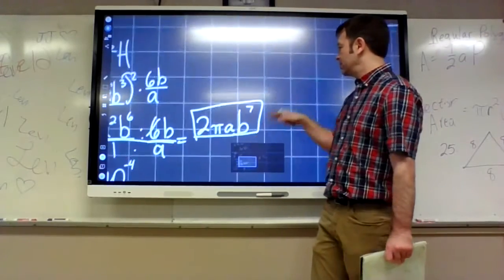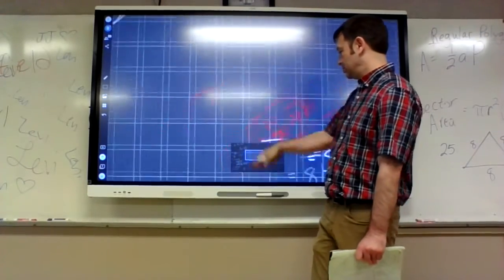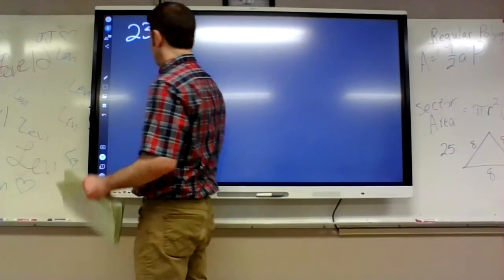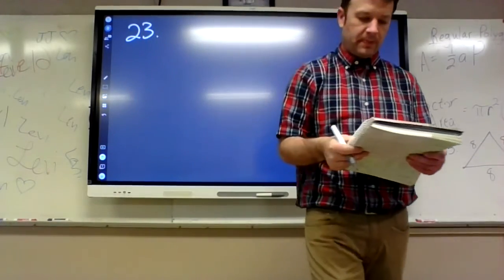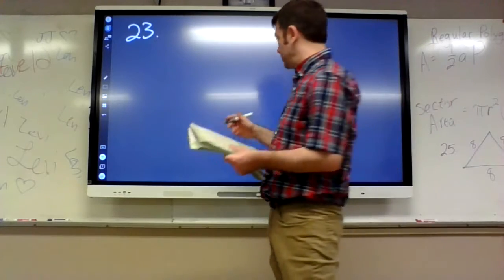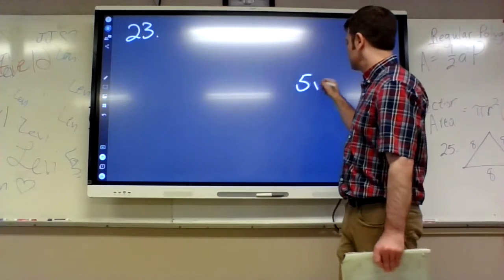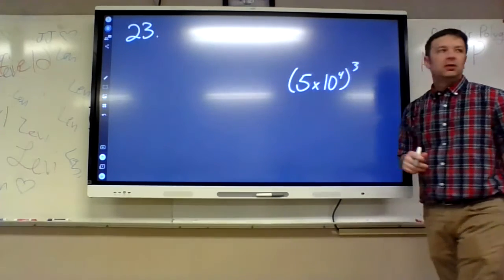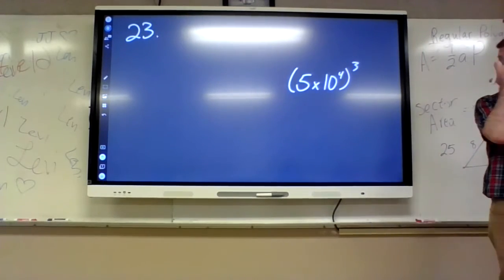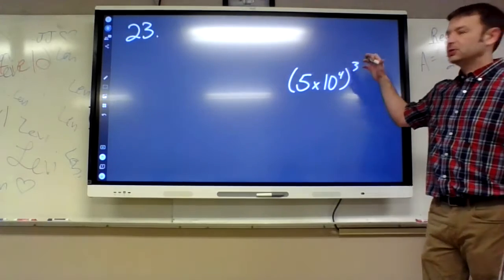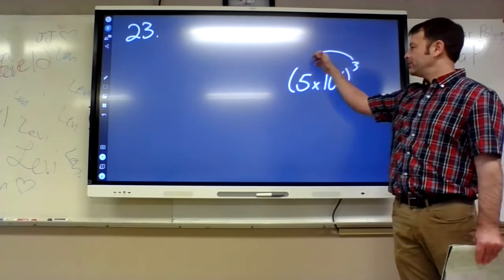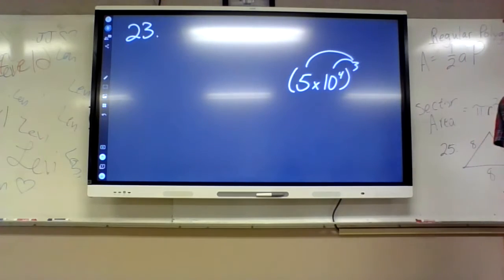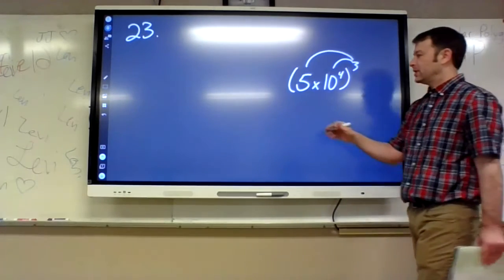Okay, 23. It says 5 times 10 to the 4th, all to the 3rd. So we just need to cube all of this. Do you guys remember what 5 cubed was? 125.